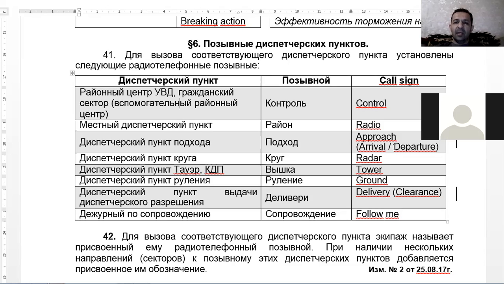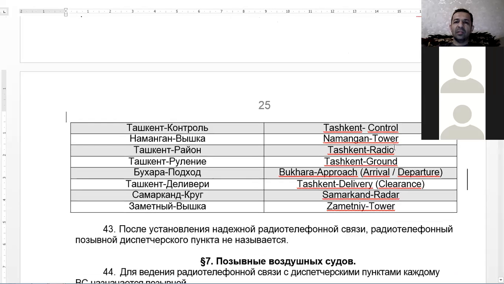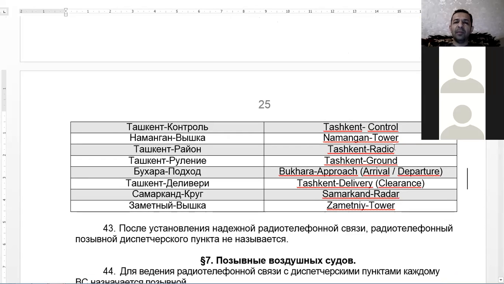Okay, this is about the controllers. Do you have any questions about the units? No questions. Okay, if everything is clear, here is the example. Control units are also named depending on the location, with the city name or town name.